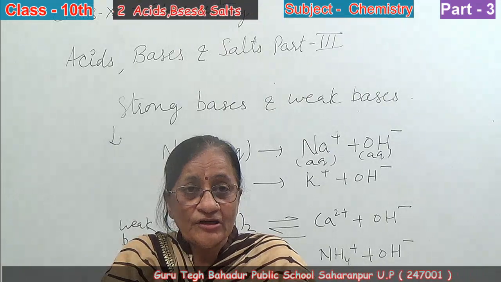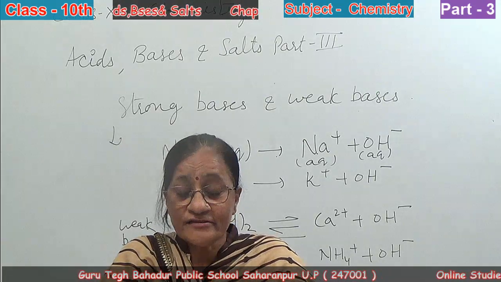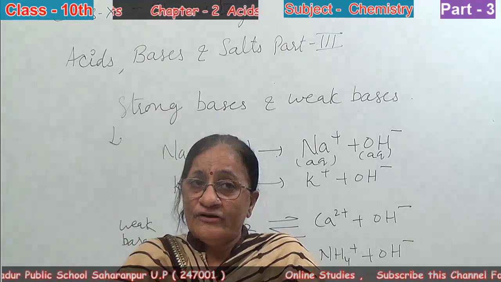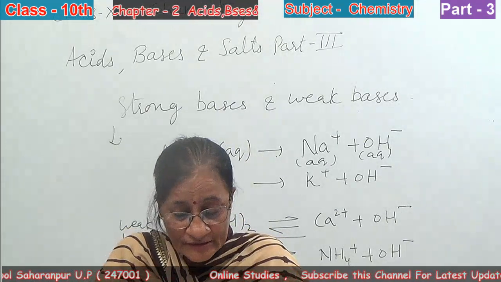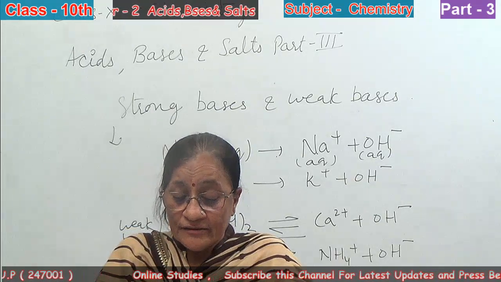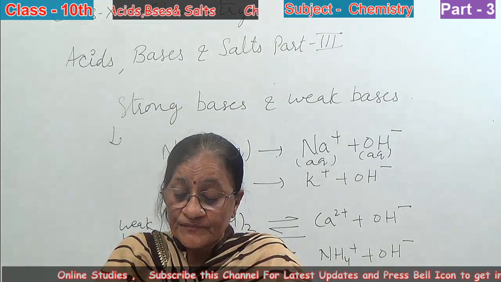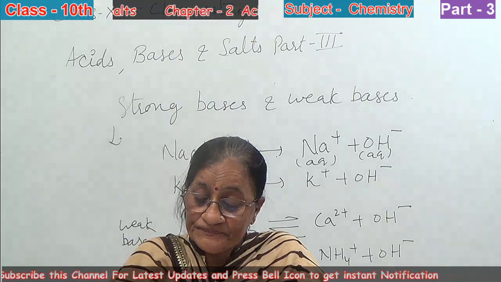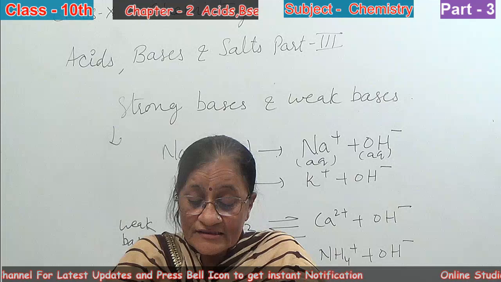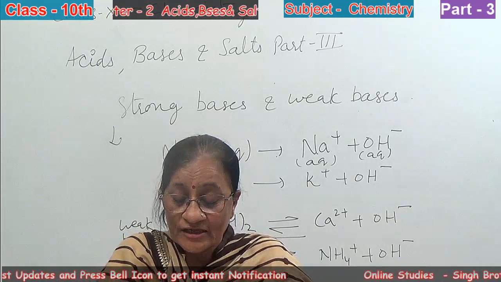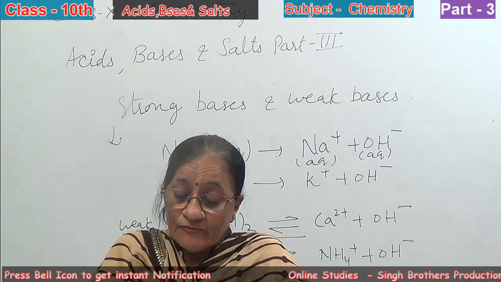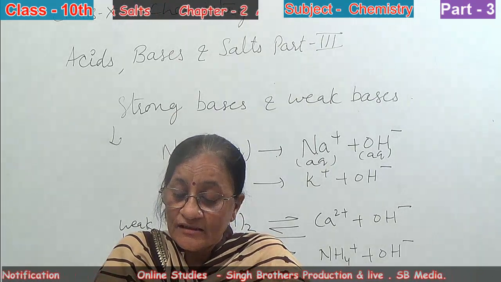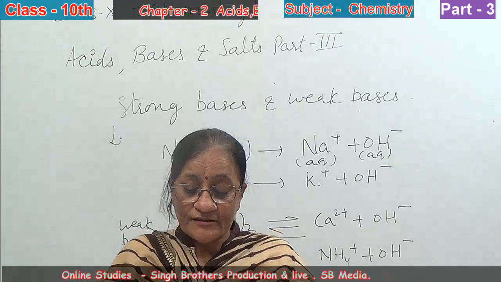The next property is that they turn red litmus to blue. Next property is they conduct electricity. Like acids, they are also called electrolytes. When they dissolve in water, they produce OH negative ions and conduct electricity.